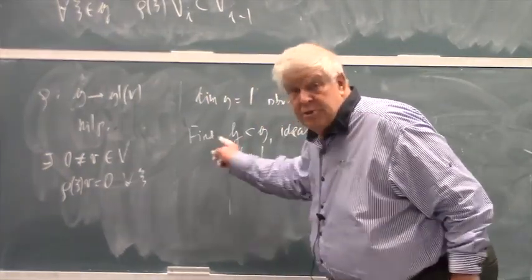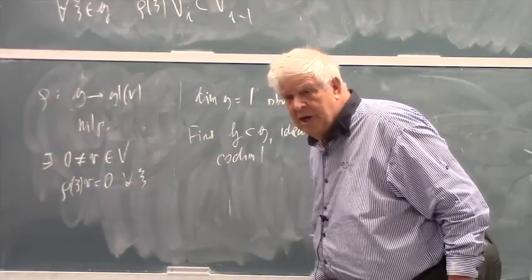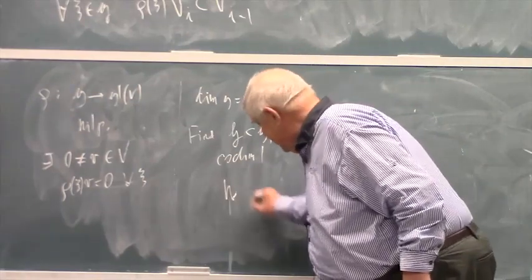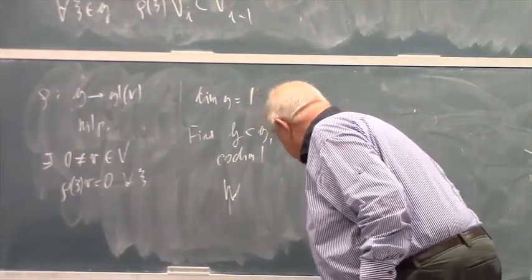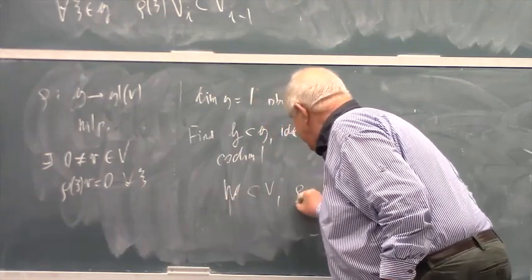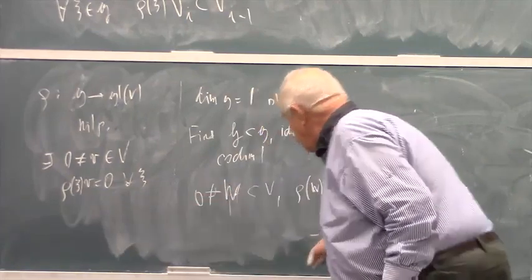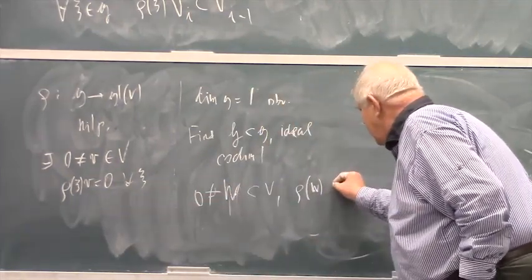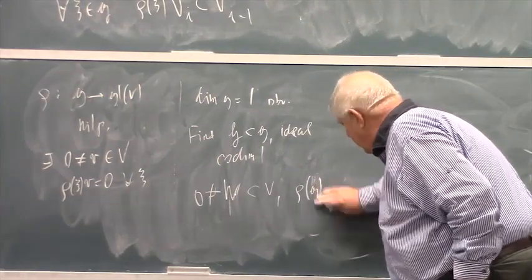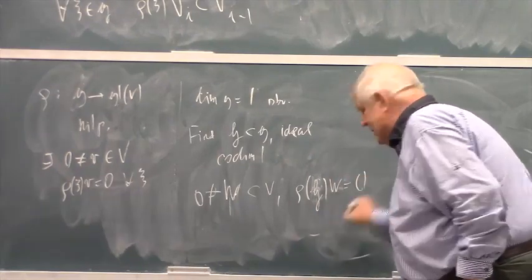My representation is also a representation of H, right? So there are vectors which are annihilated by H. We have a non-zero subspace W in V such that rho of H applied to W is 0.